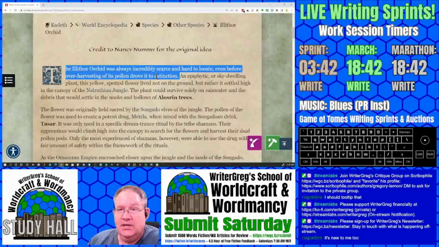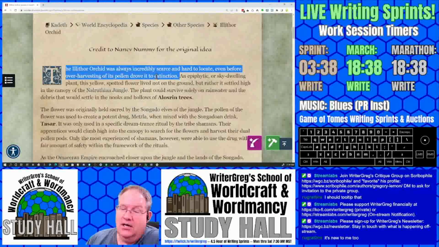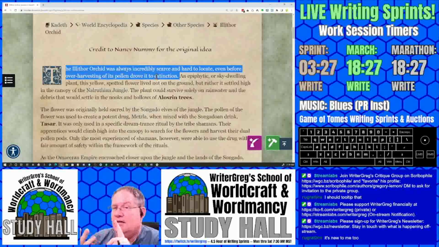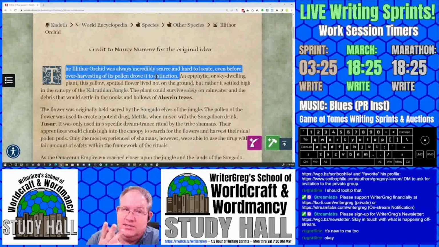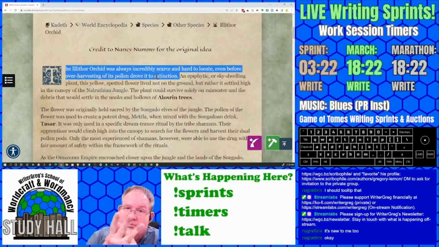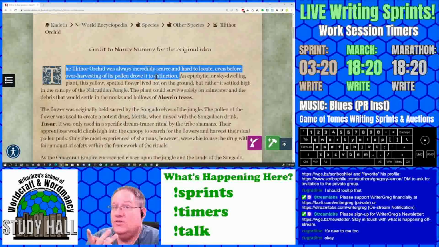My philosophy: one idea per sentence, one concept per paragraph. So you have that it's scarce and hard to locate, and that it's harvested, and that overharvesting led it to extinction. So there's three ideas in that one sentence.